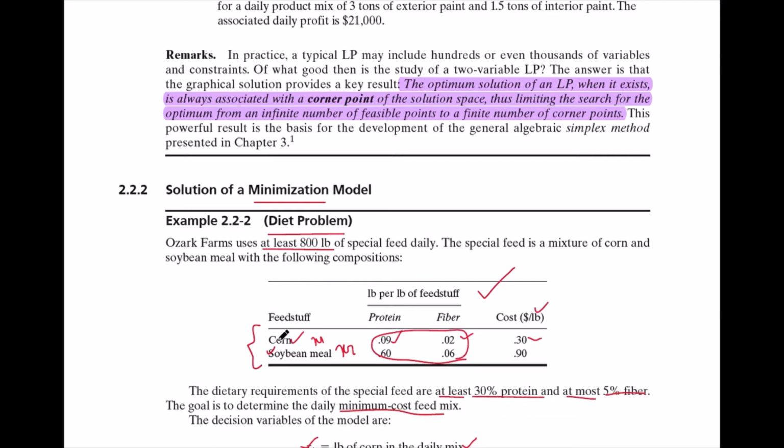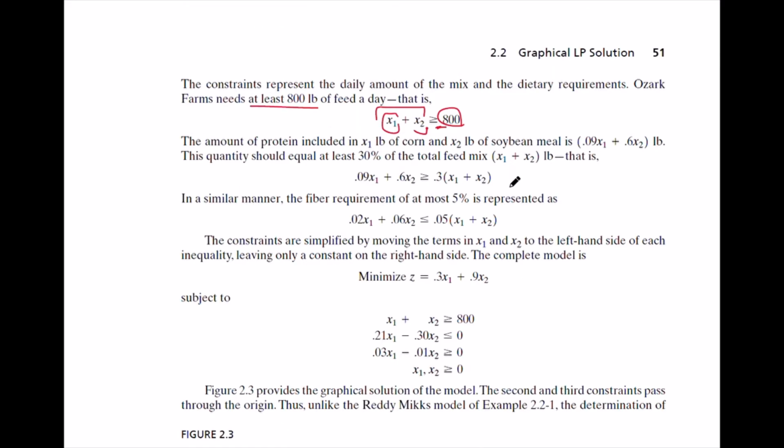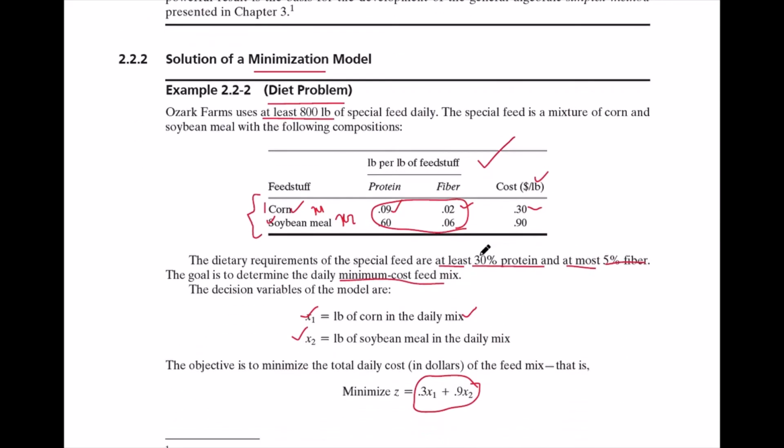If we take 1 lb of corn, then this much lb of protein and fiber are there. The table is saying that. So if we take x1 and x2, then we will get this much protein in the total mix of corn and soya bean respectively, and this should be 30% of the total mix. It is written here, at least 30% protein.